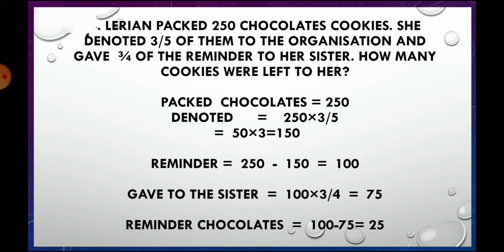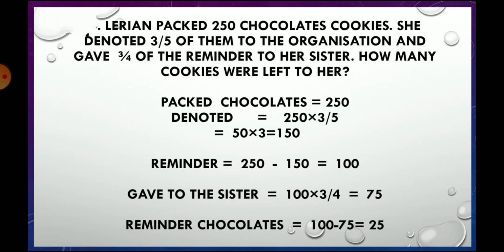Now here 1 5 is 5, 5 5s are 25, so 50 into 3, 150. Okay, so next we should calculate the remainder. Then only we can find how many chocolates she gave to her sister. So the remainder is 250 minus 150, that is 100.